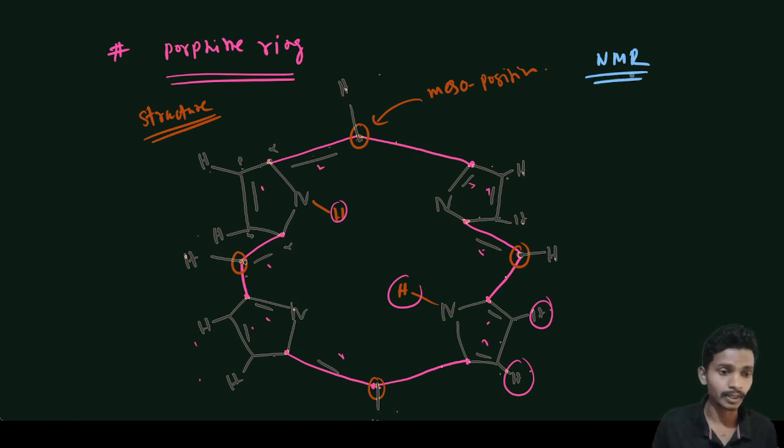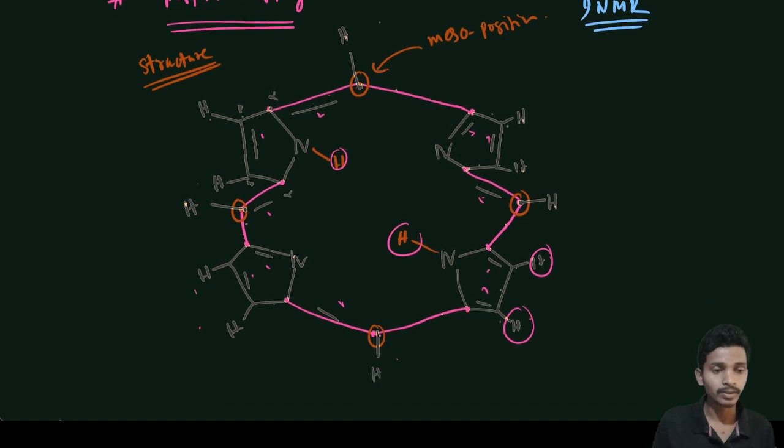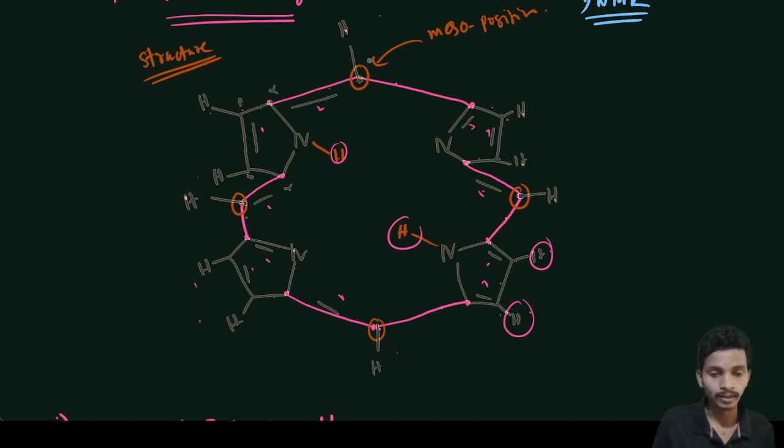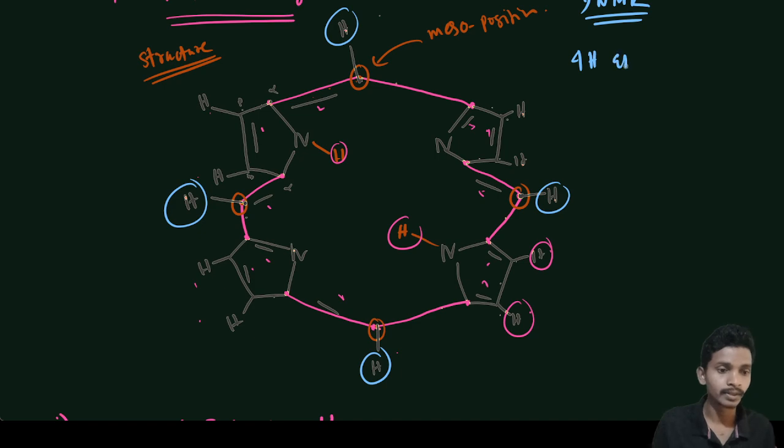So in the NMR characterization, we see that at meso positions, 4 hydrogens are there. So for these 4 hydrogens we will go for the chemical shift value.